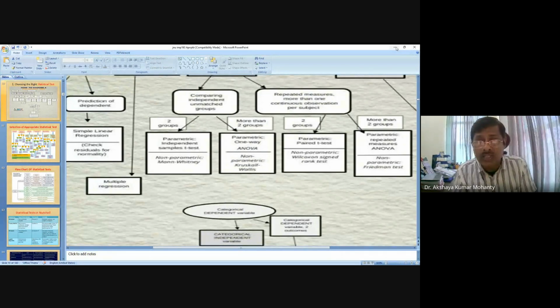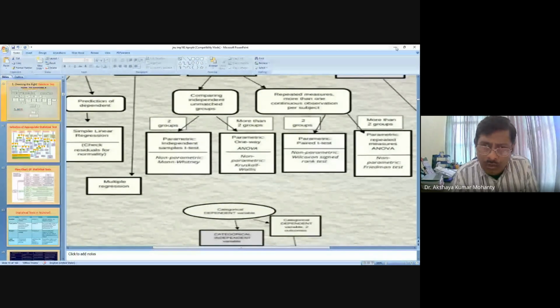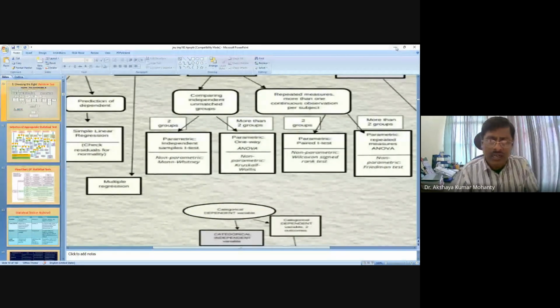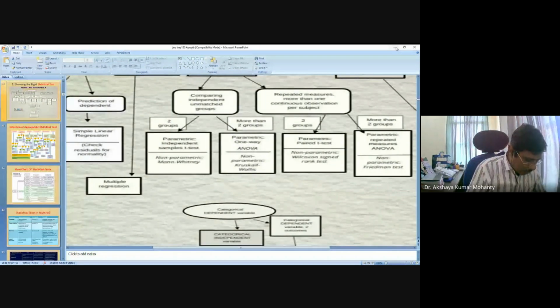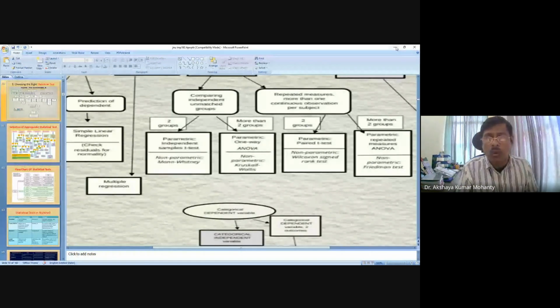So no heteroscedasticity means there must be homoscedasticity, that is, our econometric model must be homoscedastic in nature. What does homoscedasticity mean? The variance must be constant. The other name for no heteroscedasticity is constant variance.